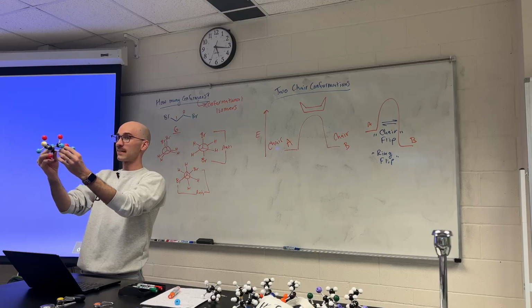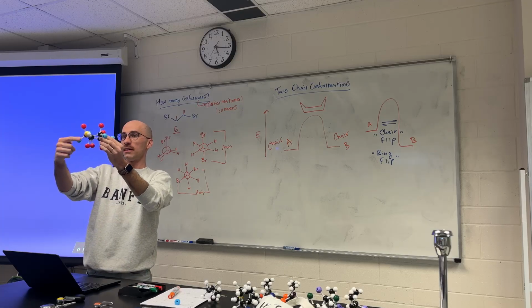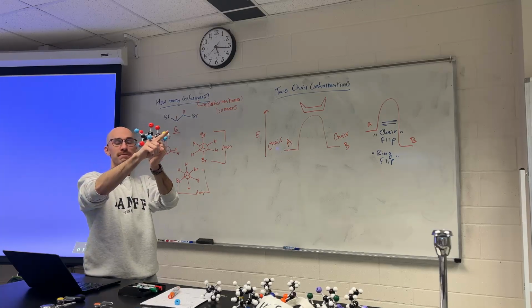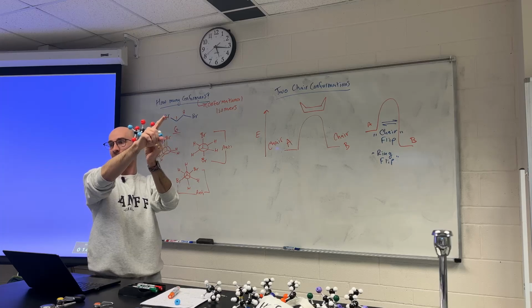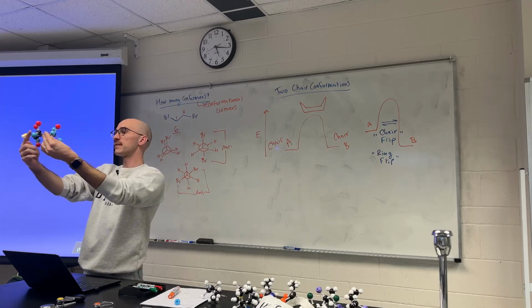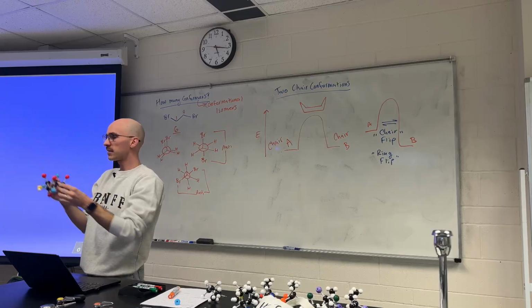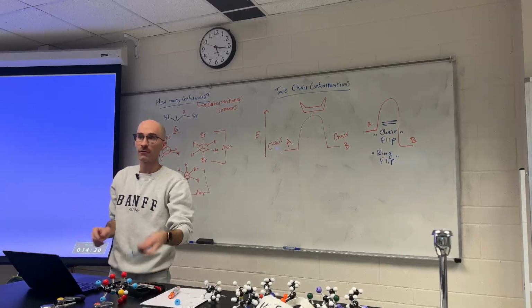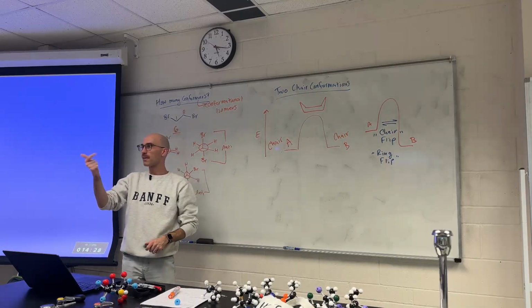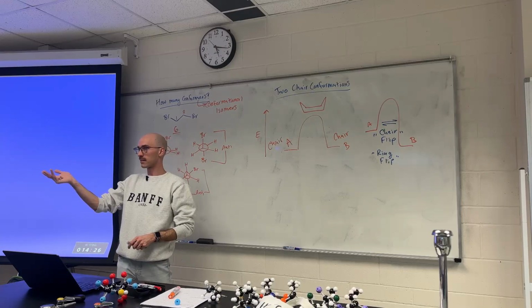On this down carbon, the equatorial position is pointed slightly up relative to its neighbors, which point slightly down. So this is the pattern that we'll see in ring flips. If it's up, then it's up, then it's up, then it's stuck.